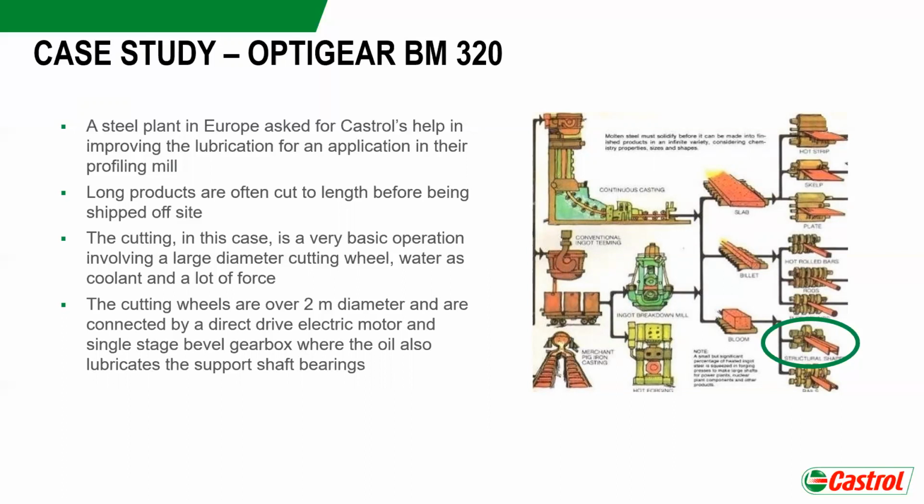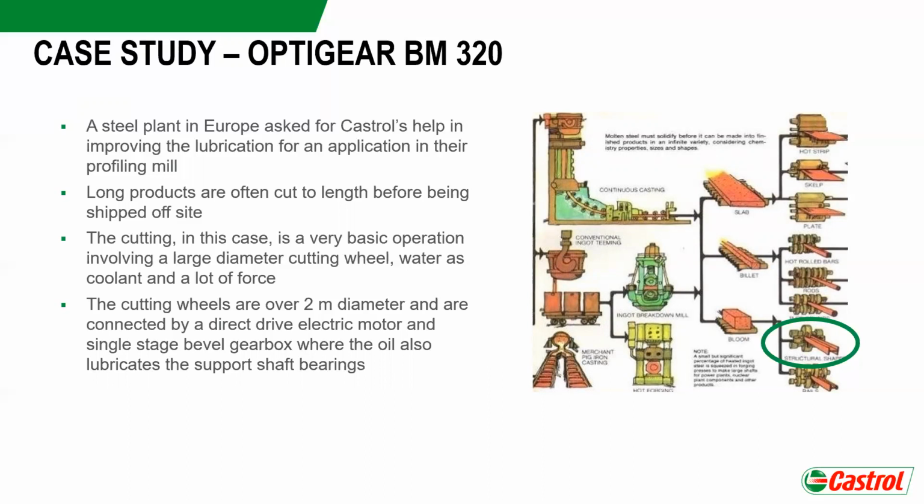And after these have been processed through the rollers, they're cut to certain lengths before being shipped out to end users. They're cut using cutting wheels, more than 2 meters diameter, very simple, almost agricultural operation where there isn't any direct cooling or certainly not cutting fluid.